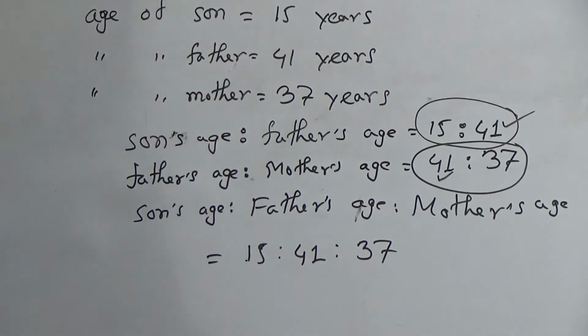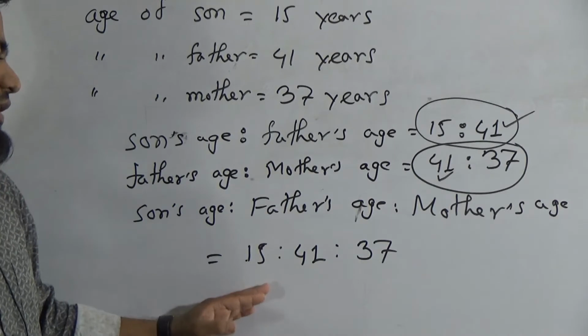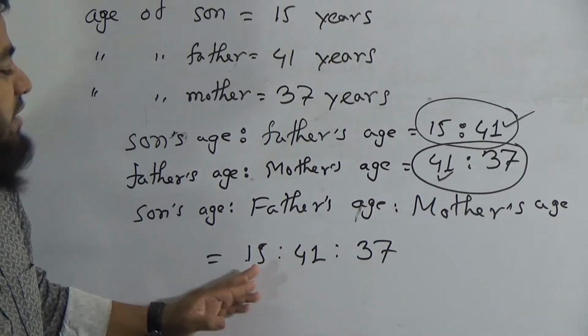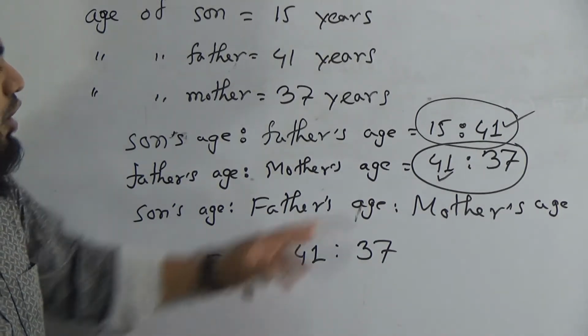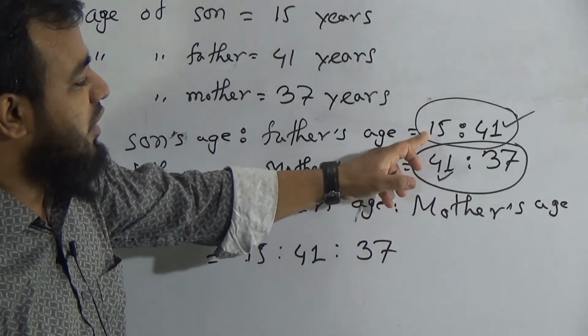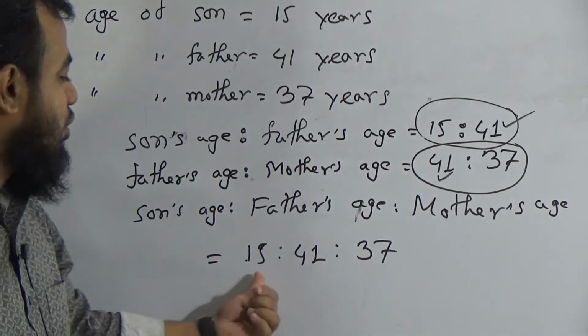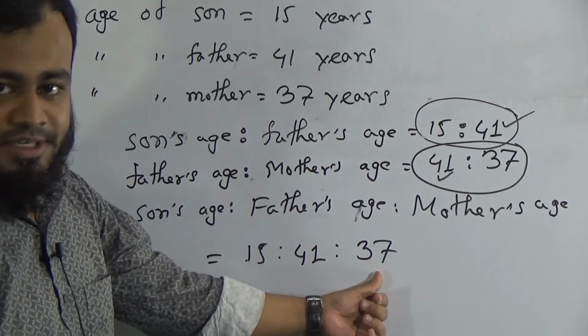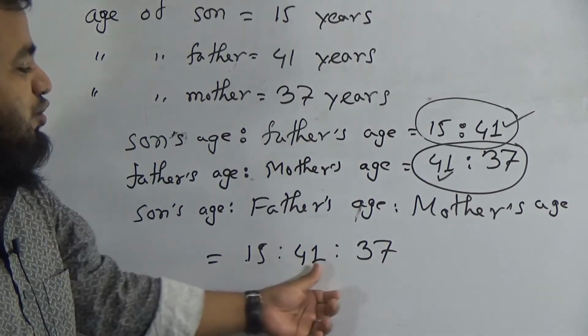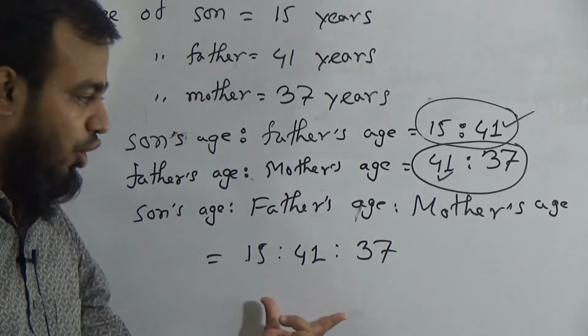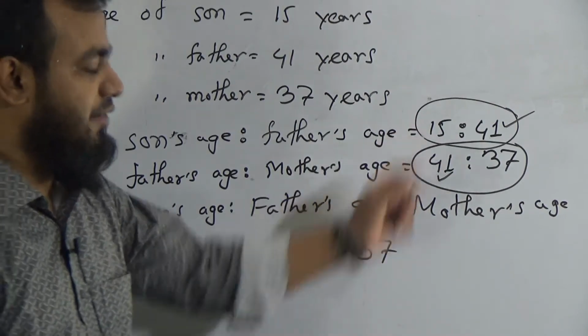That means we can write it in a single proportion. It is called the successive ratio of these two ratios. Of this first and second ratio, the successive ratio is 15 is to 41 is to 37, the son's age is to the father's age is to the mother's age. It is called the successive ratio of the given two ratios.